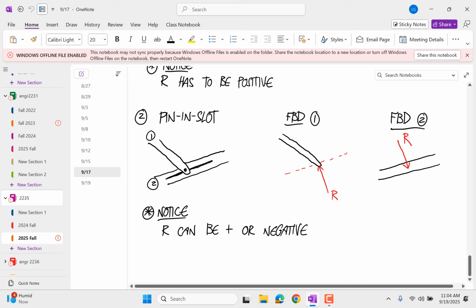The slot is preventing it from doing that. And so there's a force component perpendicular to the slot. Now think about rotation. I can rotate the arm, so there's no couple applied by the joint. And so that's the end of it. All there was, was a single force with a known direction perpendicular to the slot, and that's what we have written down.